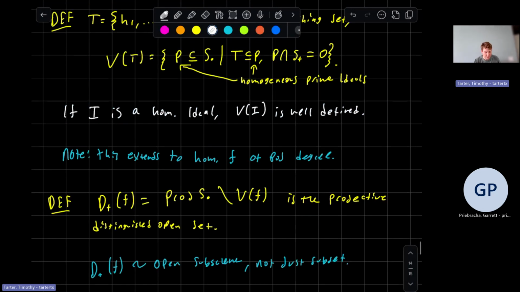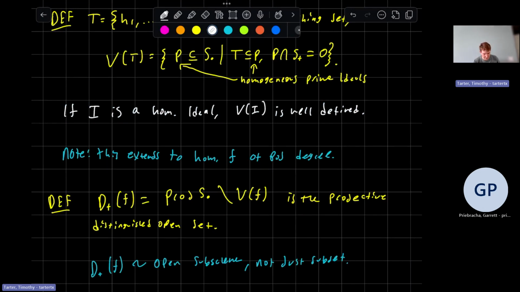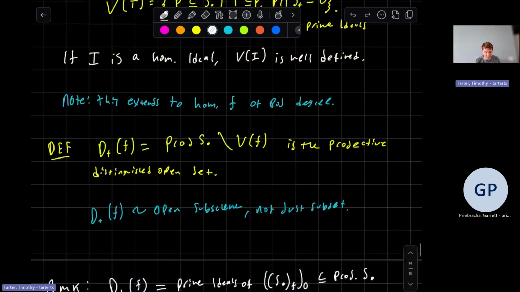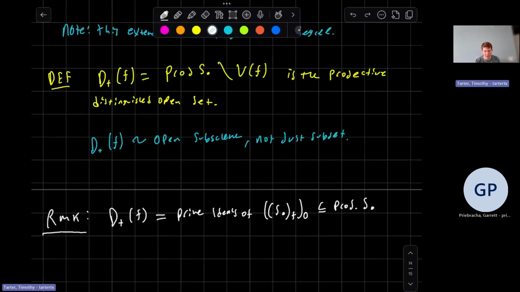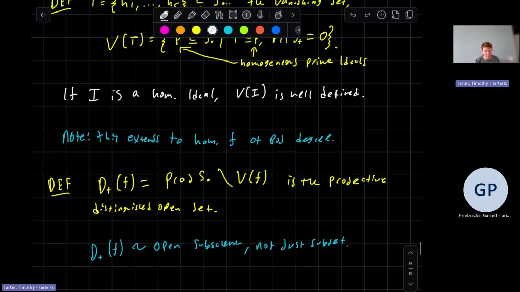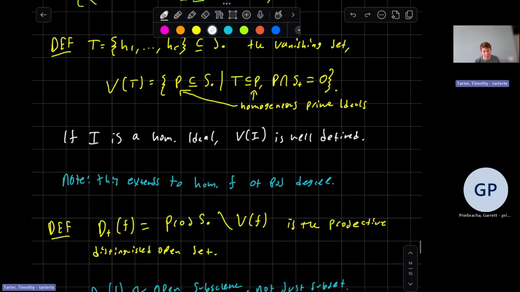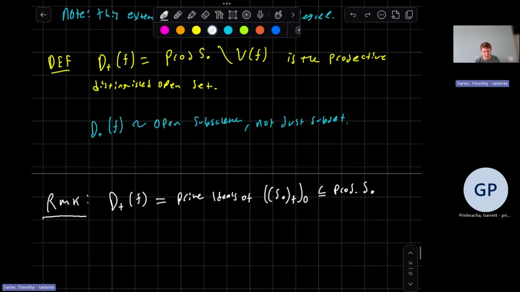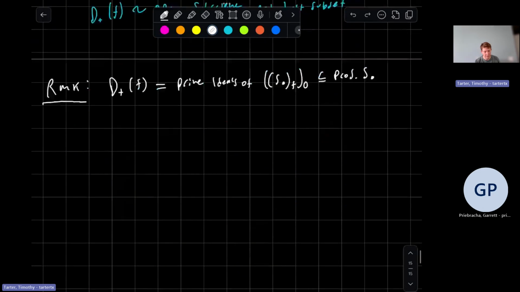So the vanishing of F is all of the prime ideals containing F such that we have this condition here. Well, that's the same thing as being in the zero-graded ring localized at F, or not in the non-localization of F. But then taking the complement, the distinguished open is the localization at F, and so yeah, they have to correspond.